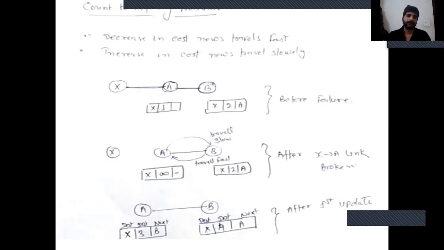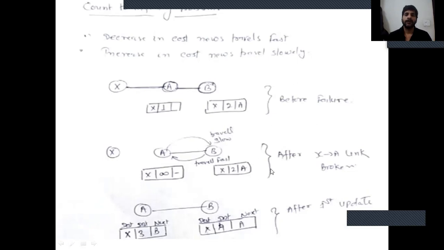For example, a count to infinity problem in distance vector routing. Suppose before failure of router X, these routers maintain the table with the help of neighbors. So A maintains the table X distance 1, and B maintains table X distance 2 via A.